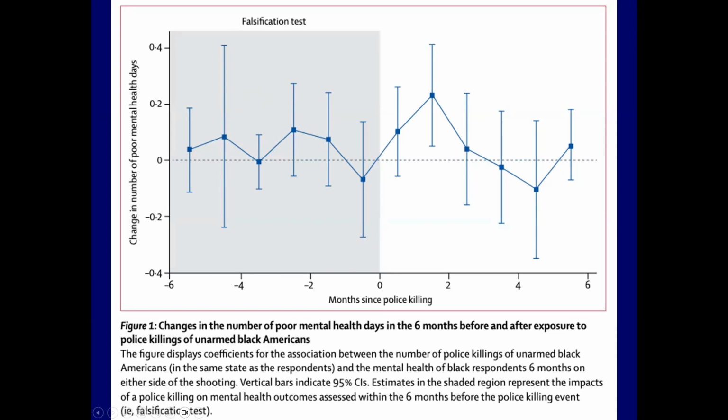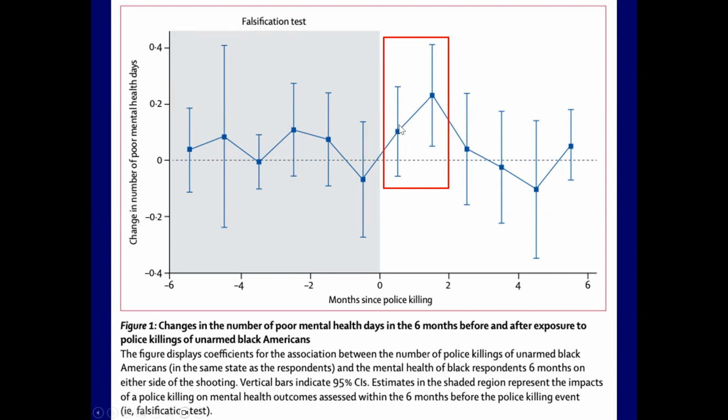issues in this data. We can see the largest estimate corresponds to police killings that happened 30 to 60 days prior to interview, so that each additional police killing during this time window was associated with 1 to 3 more days of poor mental health.